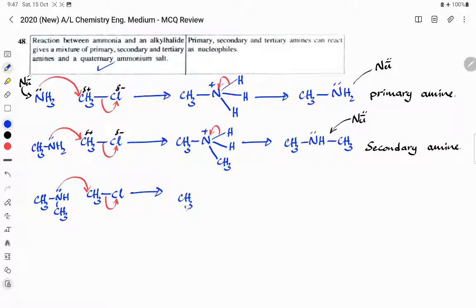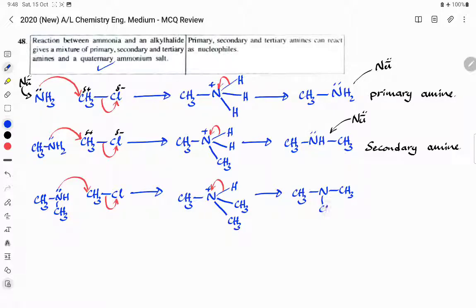Then we will end up with CH3N plus. Now this nitrogen has a hydrogen and 2 CH3 groups. So the hydrogen will be removed by leaving its electrons to neutralize the plus charge on the nitrogen. That's how we end up with tertiary amines.